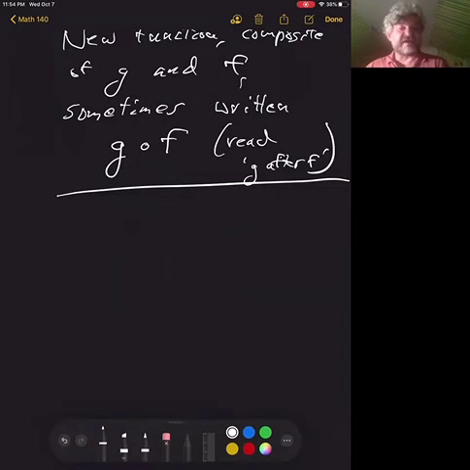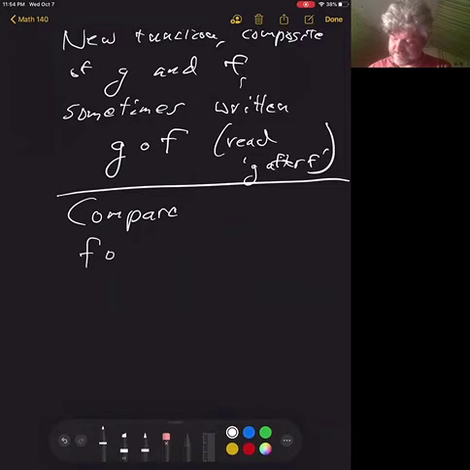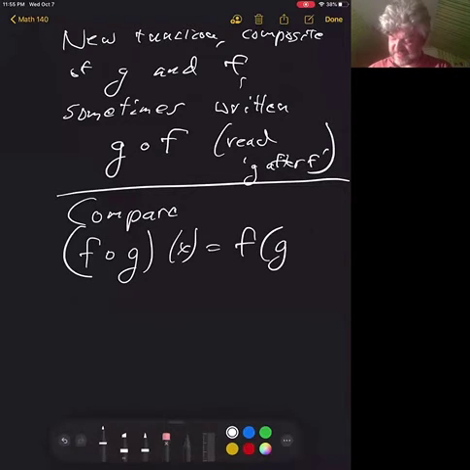Let's use the output of g as input for f. So that would be read as f after g. With parentheses, you write it like this.